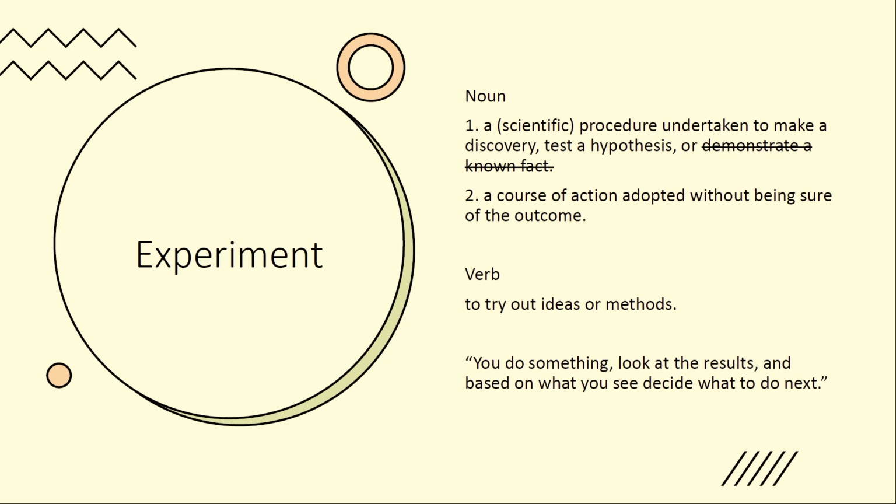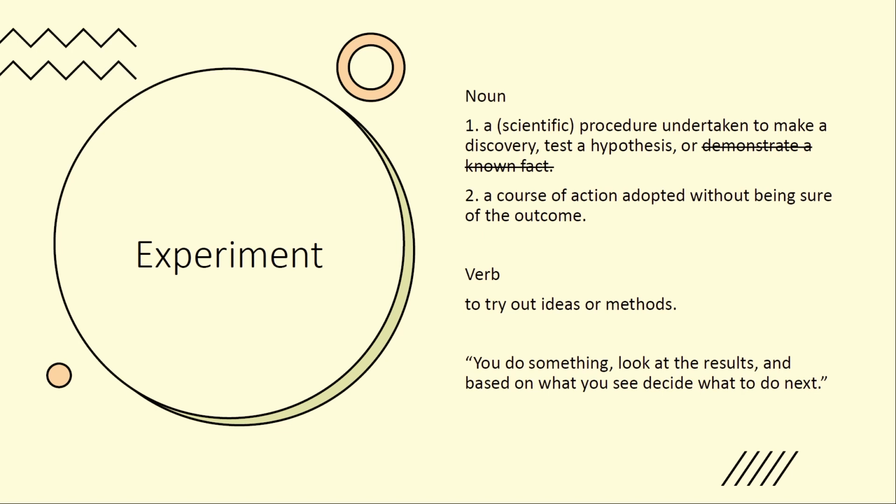And this is the way that my colleague in the drawing department, Marg Roberts, describes experimentation: you do something, you look at the results, and based on what you see, you decide what to do next. And that's another idea about experimentation, that experimentation is an iterative process. You do it and you repeat it. Perhaps you might repeat the same experiment to see if it is going to produce the same results.